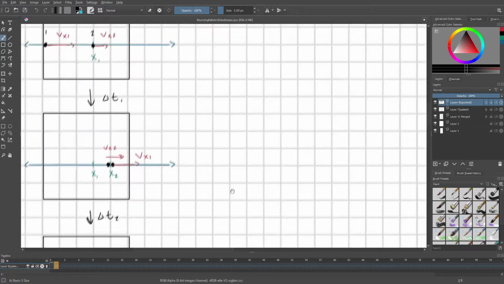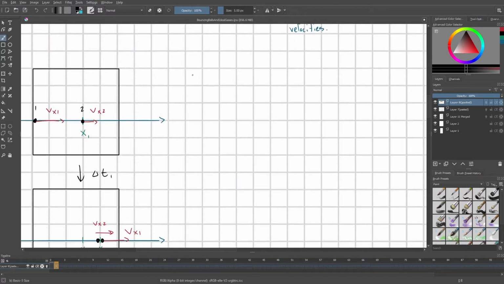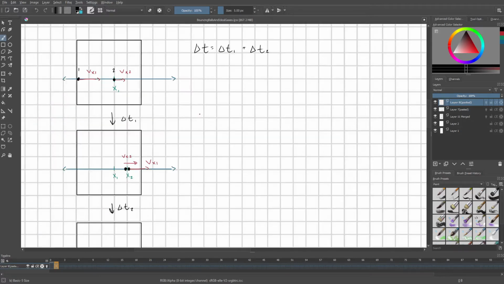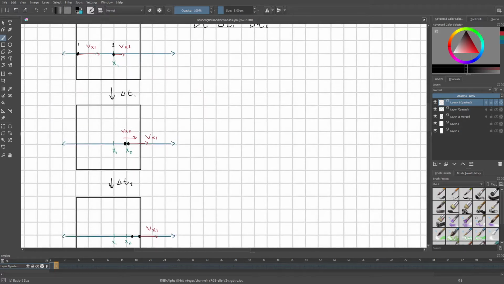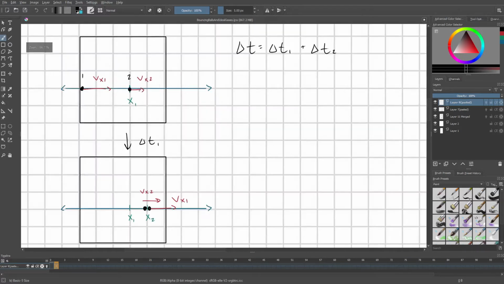So I'm going to call this delta t equals delta t1 plus delta t2. And we want to figure out what delta t is. And you can replicate these calculations for various x1 positions, and you'll get the same delta t regardless.